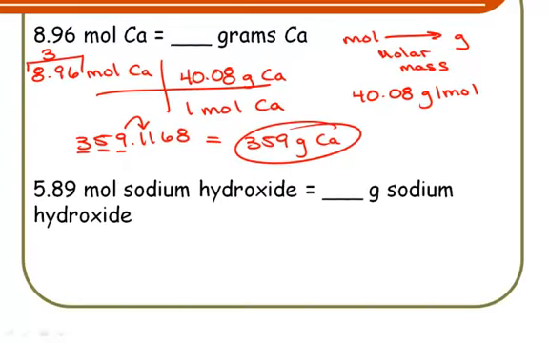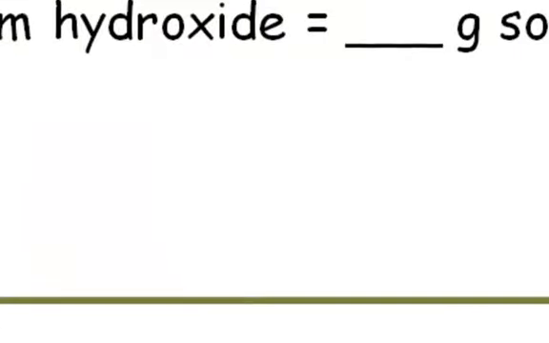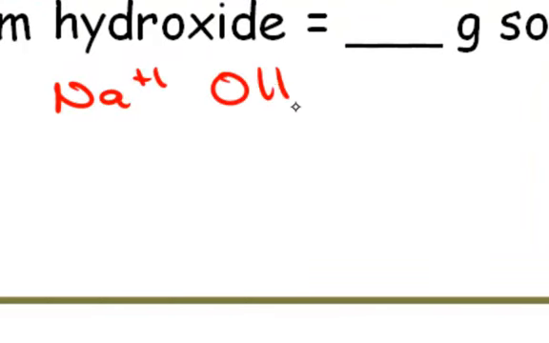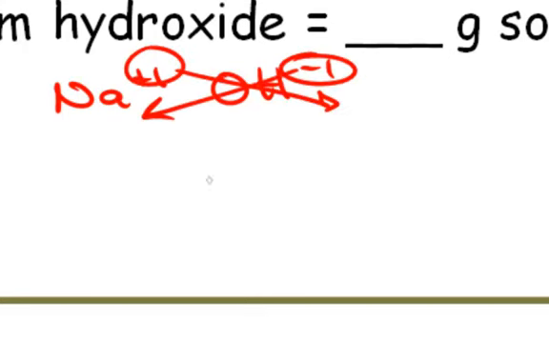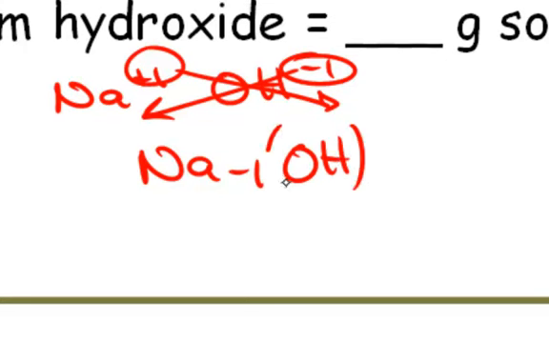5.89 moles of sodium hydroxide. Well, in order to get the molar mass, we're going to need to write the formula. So sodium has a charge of positive 1, hydroxide has a charge of negative 1. If we crisscross our charges, we have Na minus 1, OH plus 1.